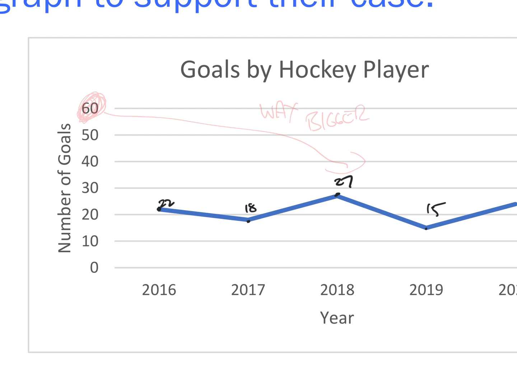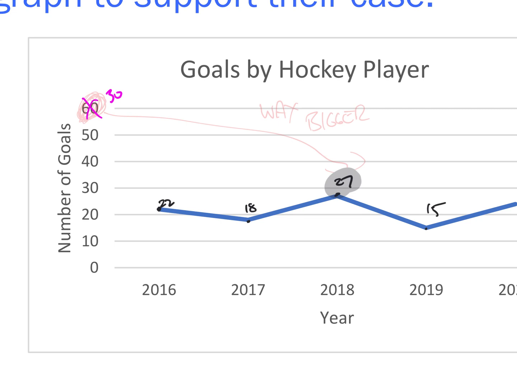If the highest number is 27, then ideally our highest number here should be just a little bit more than the highest number. So what would be a good highest number here? Not 60, but what? 30. 30 is a nice even number, and we should go up to 30 instead.